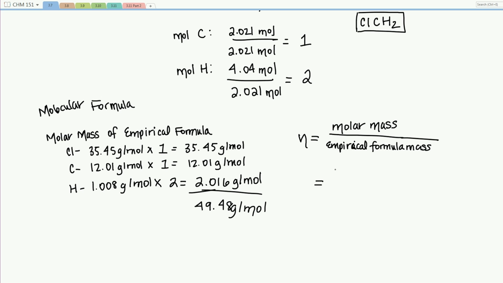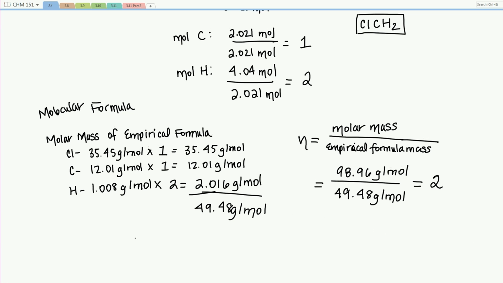Okay, so our molar mass that they gave us in the problem was 98.96 grams per mole, and our empirical formula mass is what we calculated here, so 49.48 grams per mole, and we get an approximate value of 2. So this one is close enough to round up to 2. Remember, if it's something in between like 1.5 or 2.5, you would need to multiply by a number in order to get a whole number, like 2 or 3.